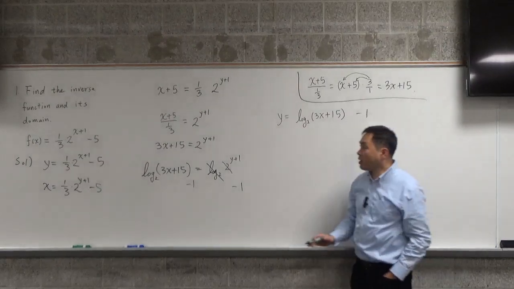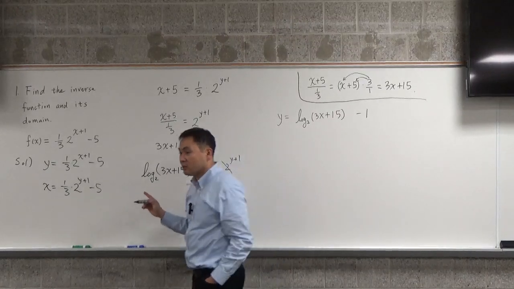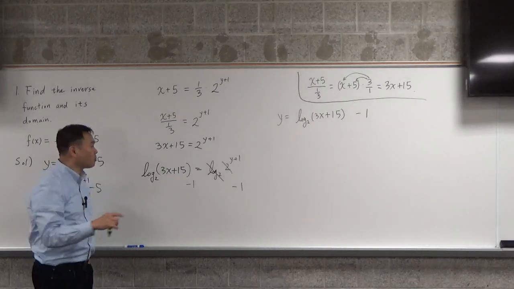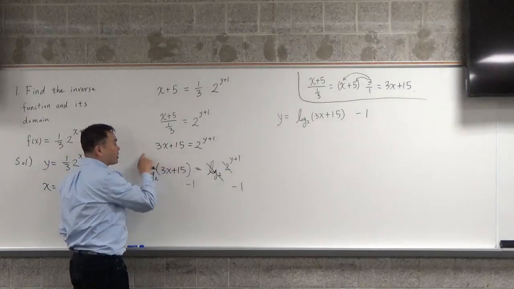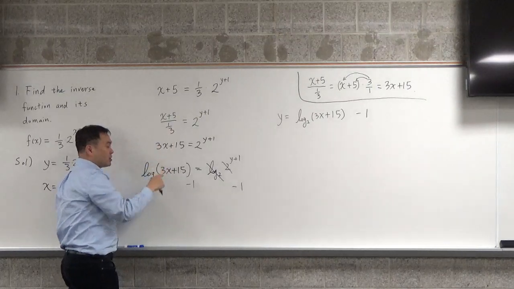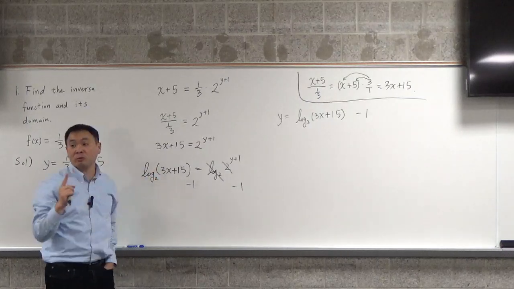It's important to have the parentheses around 3x plus 15, because if you don't, then it has a totally different meaning. Okay, you're applying log base 2 to both sides, so you're applying log base 2 to the entire 3x plus 15. In fact, if you don't have this parenthesis properly, that will be 1 point off.